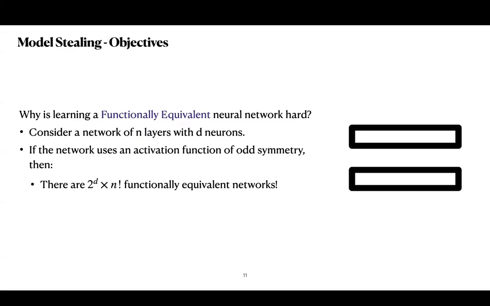So we have a class of functions that behave the same way, but we have exponentially many of them. Also, you could go through the reference. They also have a mathematical proof for this one, but this was a simple general example of why we cannot generally achieve a functionally equivalent model as our stolen model.